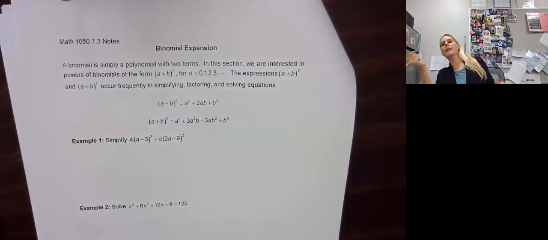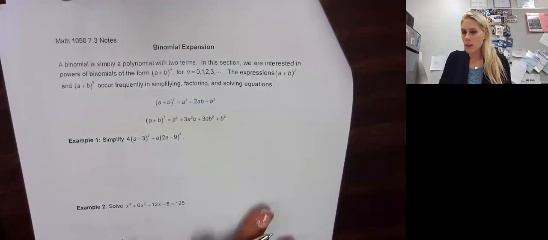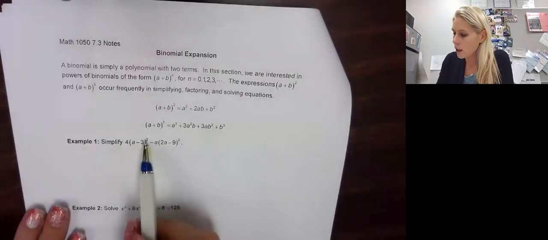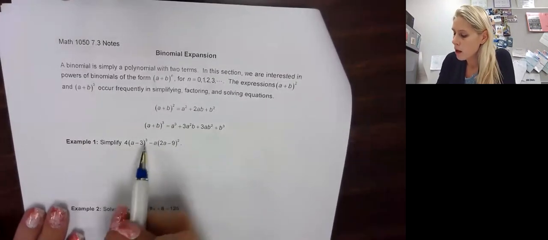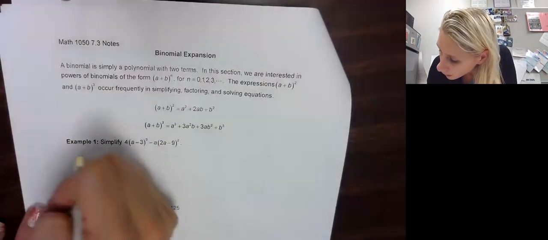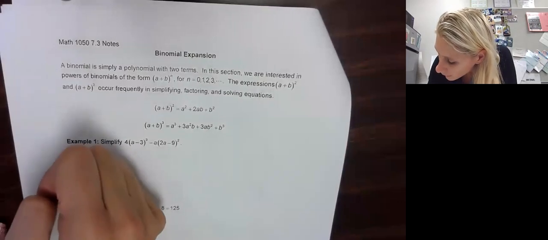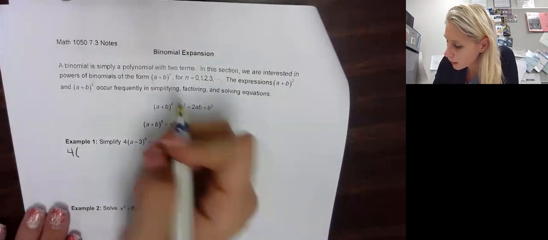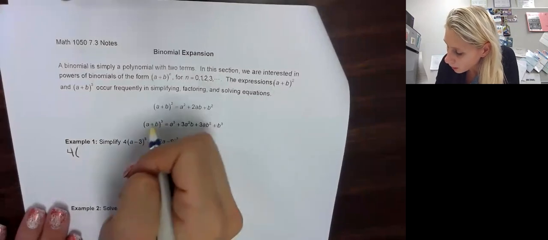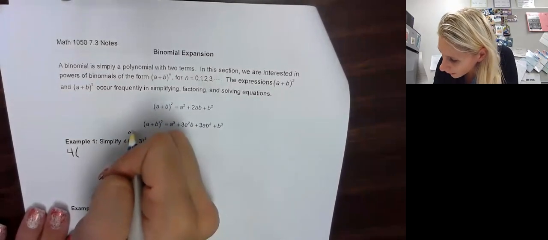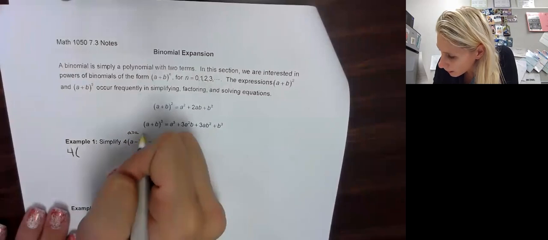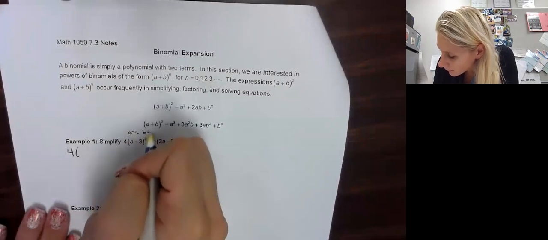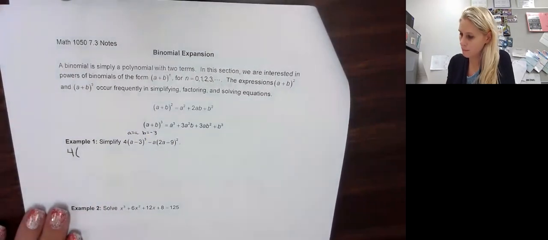So if we were to simplify this in terms of our cubic and our squared, what I want to keep in mind here is that when I do this cubic, my a part for the cubic is a, and my b part is -3.